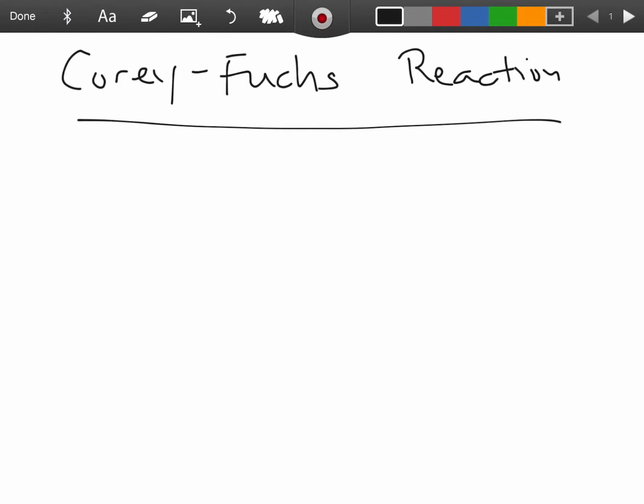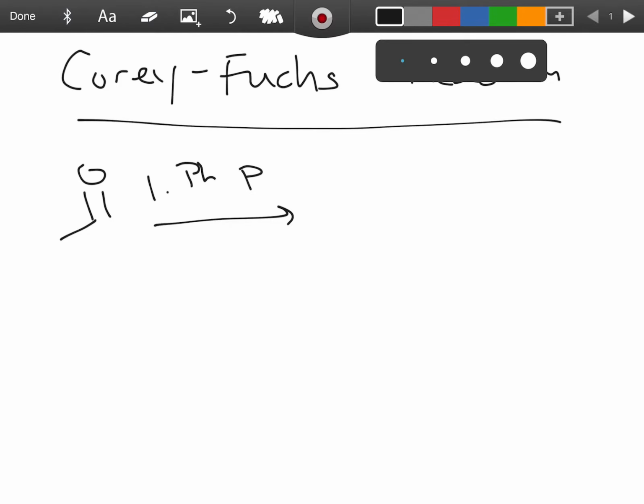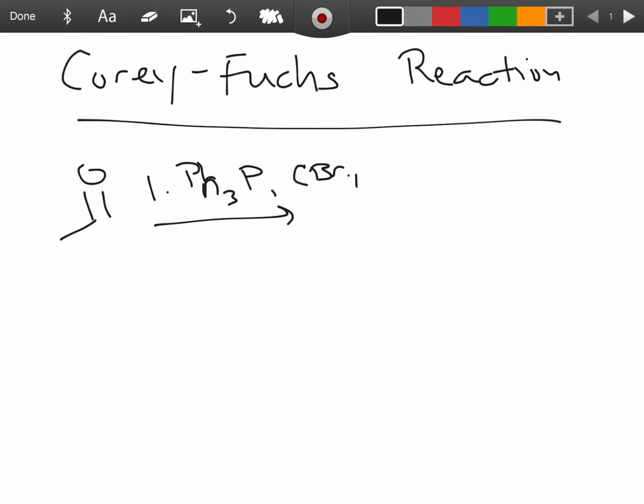What this reaction is, in its core, the simple version, is a two-step procedure where you use triphenylphosphine and carbon tetrabromide to do a Wittig reaction to make the dibromoalkene, and then you use n-butyllithium, and then you have to quench it with something.